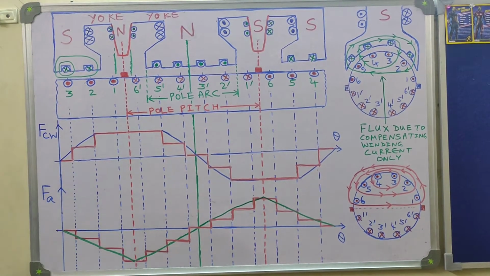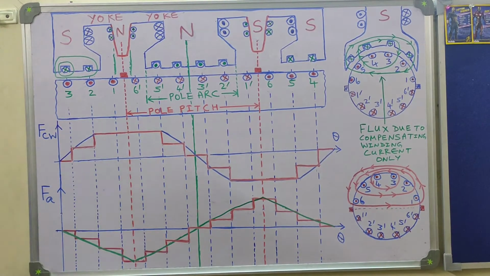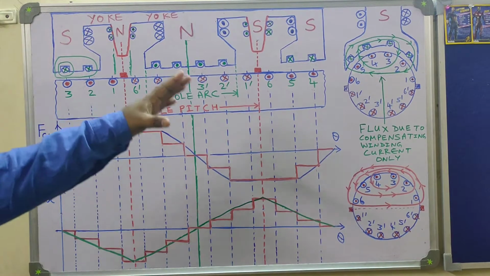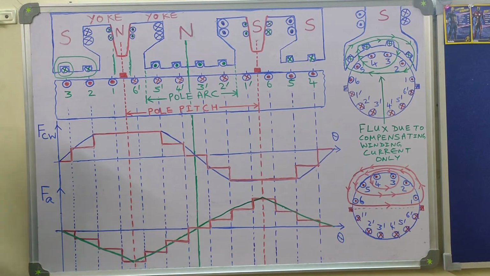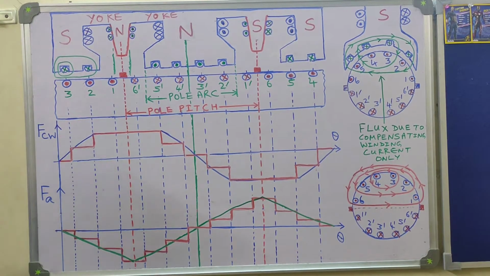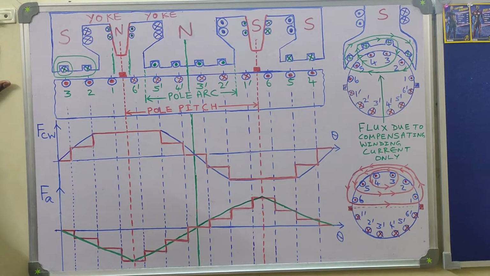Now in this particular diagram, if you observe, I have drawn the developed view of a two-pole DC machine. This developed view of a two-pole DC machine is taken after we have taken the cross-sectional view. Actually, what needs to be done? You can skip it or you can use it also, it's up to you. First you draw the cross-sectional view of a two-pole DC machine.